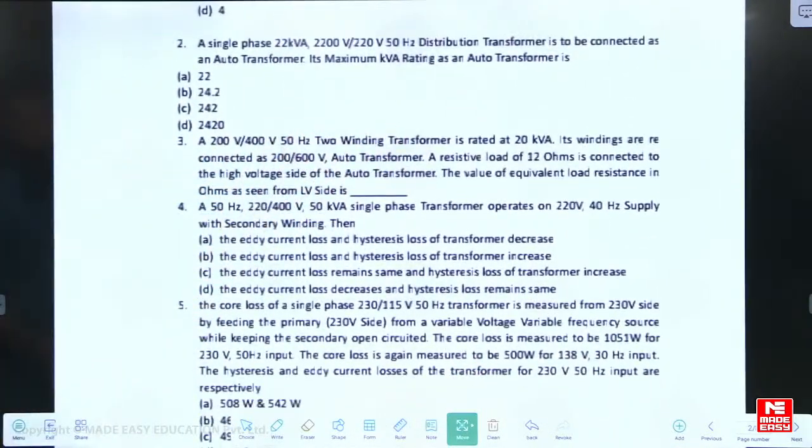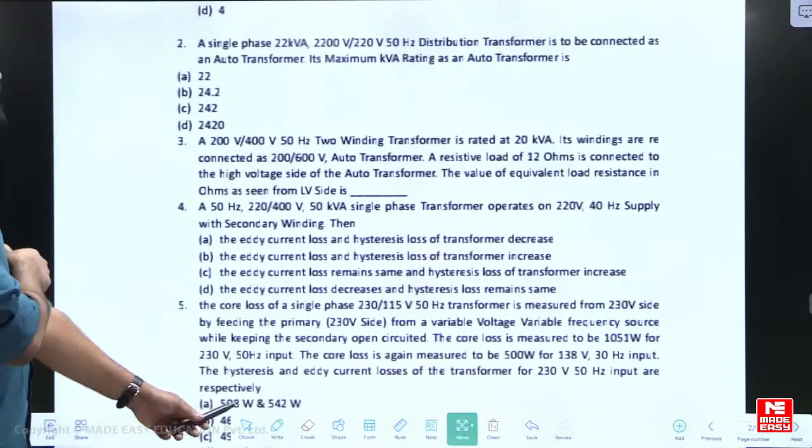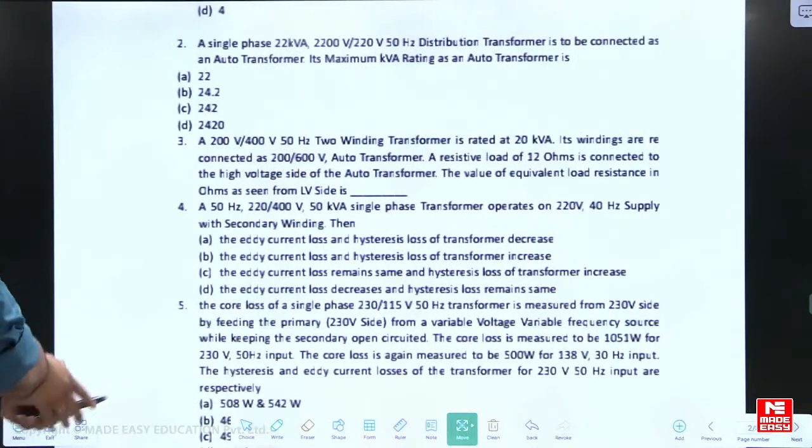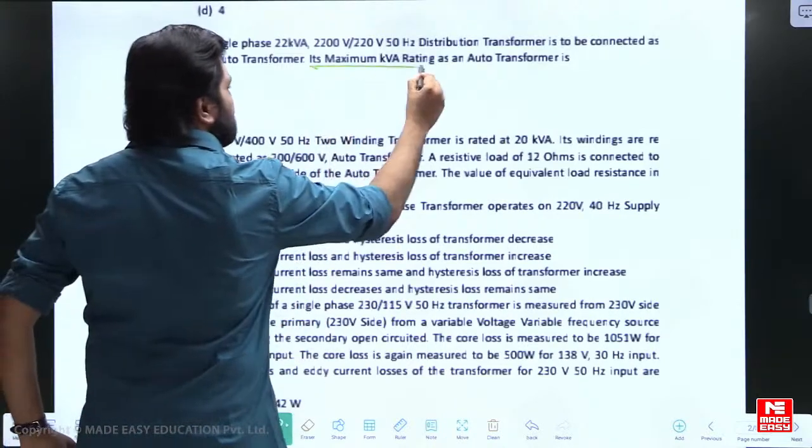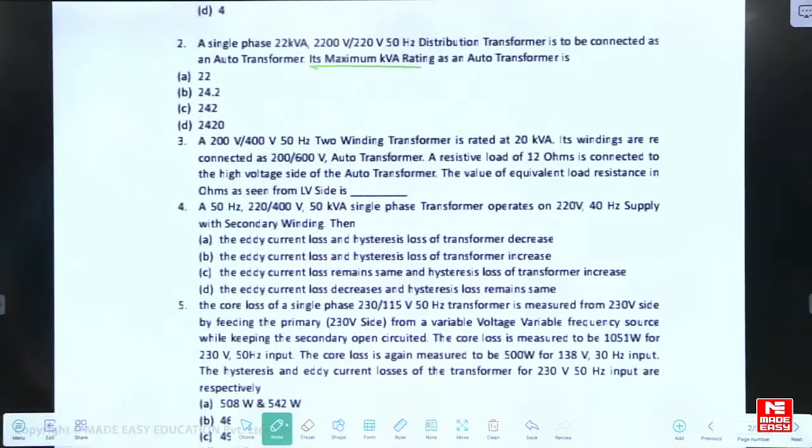A single phase 22 kVA 2200 volt by 220 volt 50 Hz distribution transformer is to be connected as an auto transformer. Its maximum kVA rating.